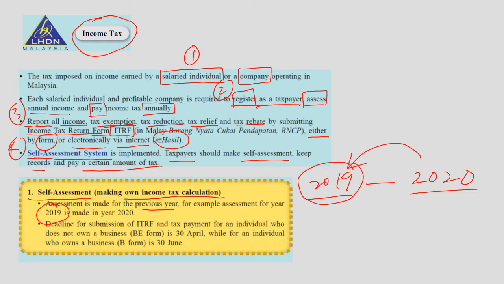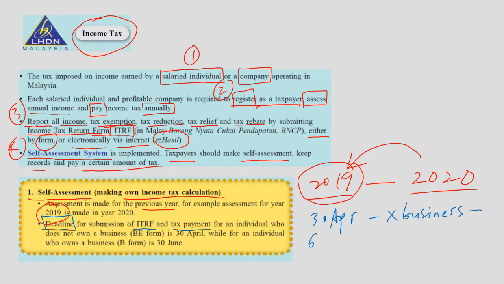And then there is a deadline. This is very important. There is a deadline for you to submit the form and tax payment. 30th April for individuals with no business, who are working with the government or a company.